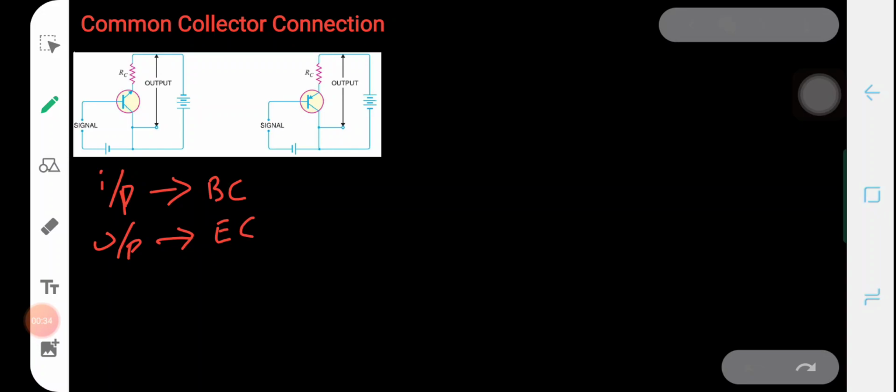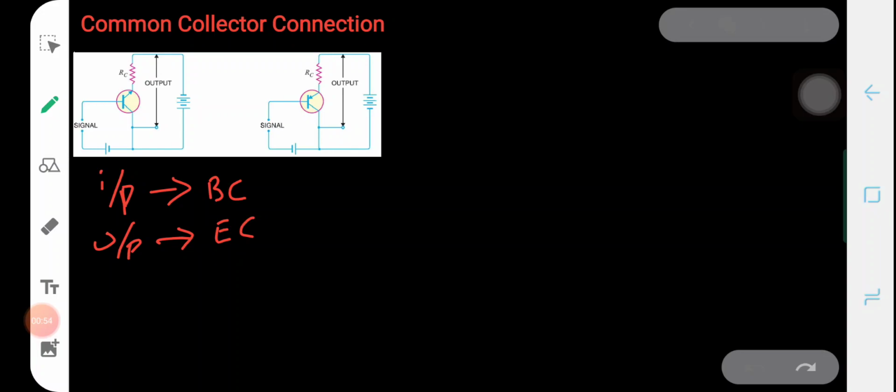Here the figures represent the NPN transistor and the PNP transistor. The first diagram, on the left side, represents the NPN transistor with a common collector connection, and the second one, on the right side, represents the PNP transistor with a common collector connection.